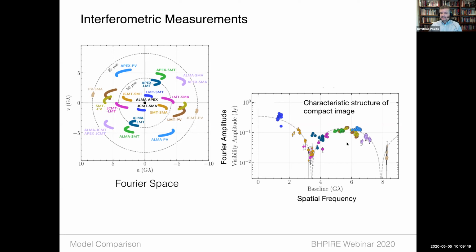And they have this characteristic ringing, which is a signature of a compact image, something that we have resolved. And as I will show in a second, we can more or less quantify its size and its characteristics. So these are the kind of data that we have, different frequency locations in Fourier space and different amplitudes and phases that we want to compare theoretical models or model images to.